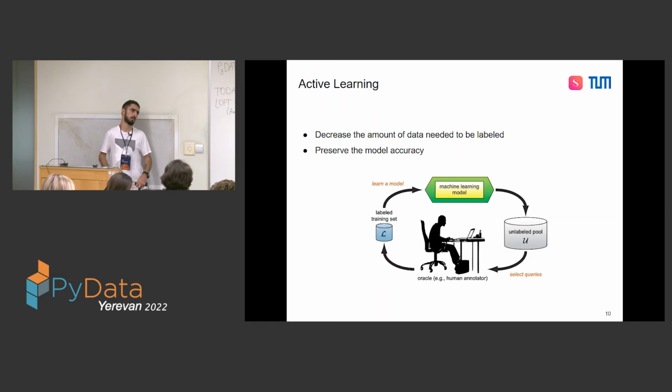Then we add these points to the labeled pool, so it gets bigger and bigger in each cycle, and we retrain the model on this bigger set, and so on. We perform this cycle, for example, until we reach our annotation budget.